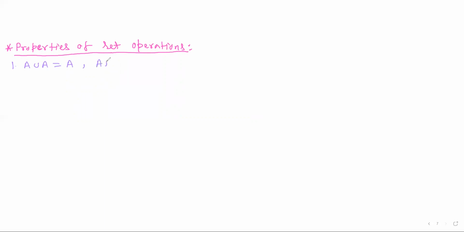Similarly, A intersection A is equal to A. Property number 2, A union phi will be A. Similarly, A intersection phi will be phi. That means the union between A and the null set will be the set A, and the intersection between A and the null set will be the null set.